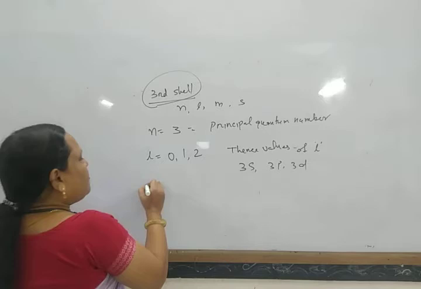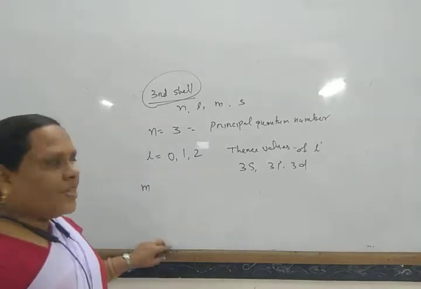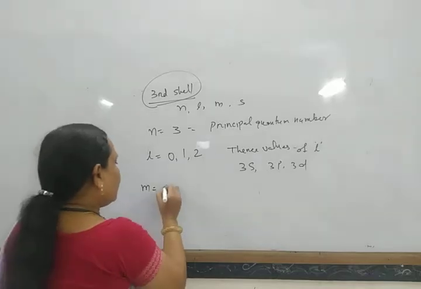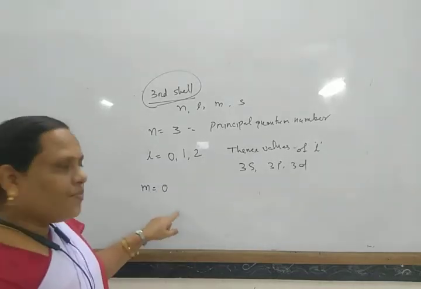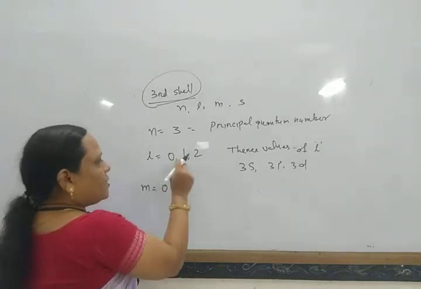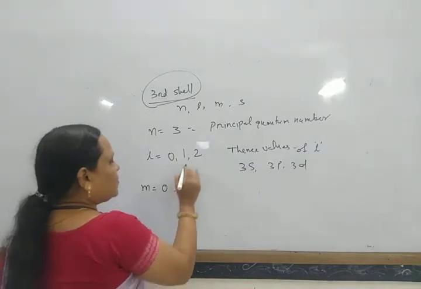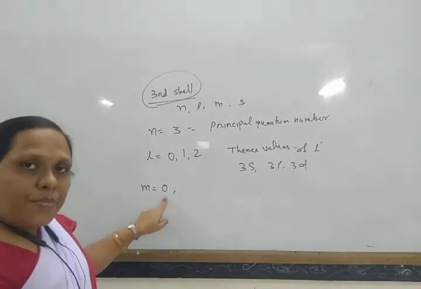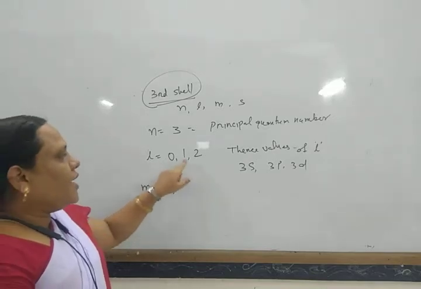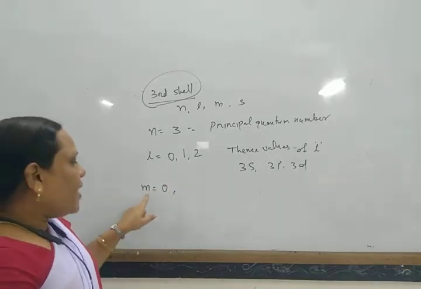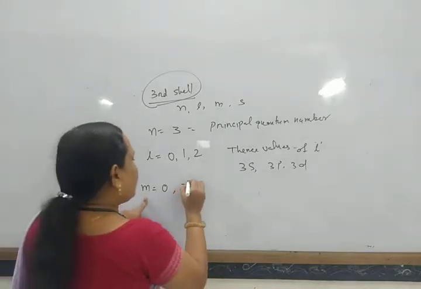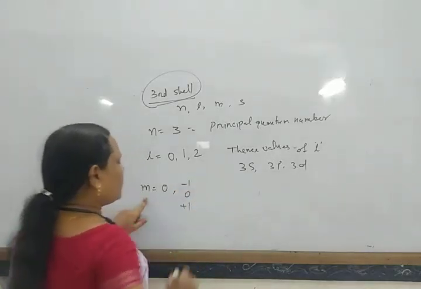Next, what are the possible values of m? For l equal to 0, m equals 0, that is 1 value. When l equals 1, how many values of m? 3 values: -1, 0, +1.